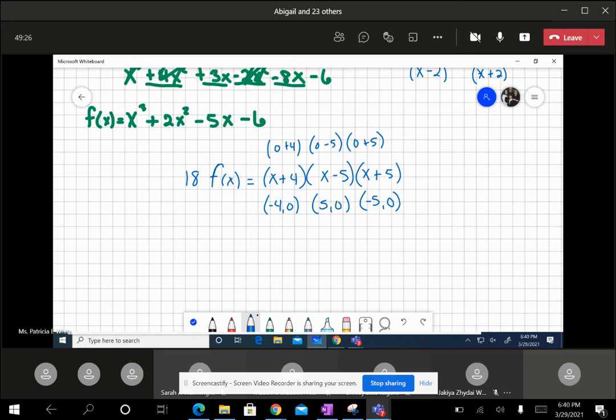If I'm looking for the y-intercept, x is 0, right? So if my x is 0, what is my y going to equal to? A -100. So 0 and -100.